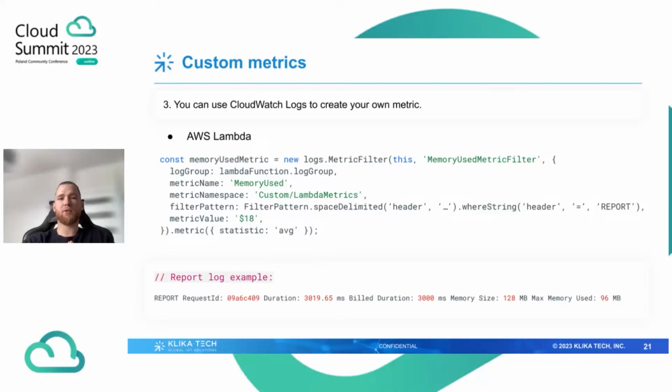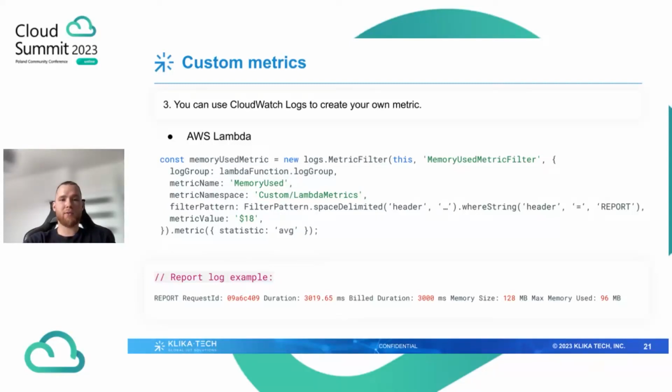And ellipsis character represents the rest of the log message after the header field. These additional fields will be assigned numbers based on their position in the log message, with the second field being assigned the number 2, the third field being assigned the number 3, and so on. We use where_string to filter out logs that contain the word report in the first part, which we have given the name header.